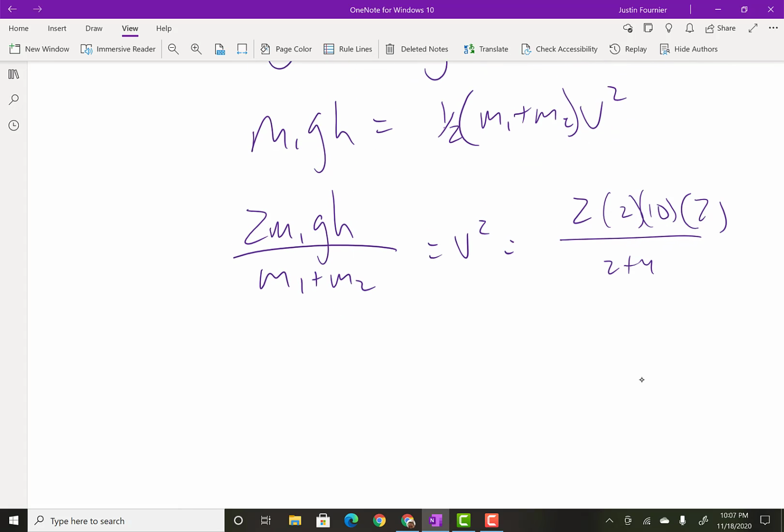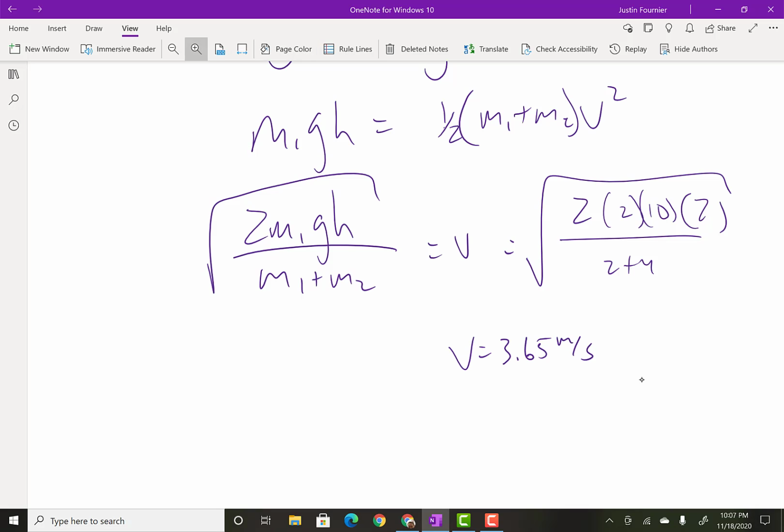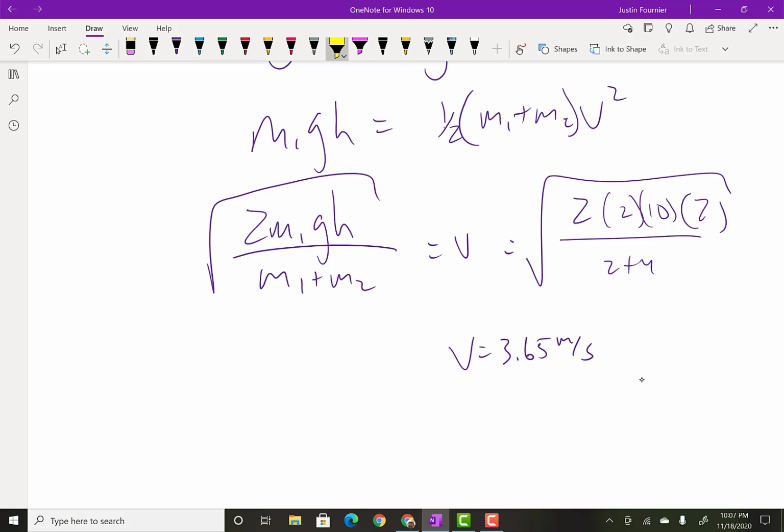So it's 2 times 2 times 2, which is 8, times 10 is 80, divided by 6. Then I've got to take the square root of both sides, which gives 3.65. So my speed is 3.65 meters per second. So that's one way I could do this.